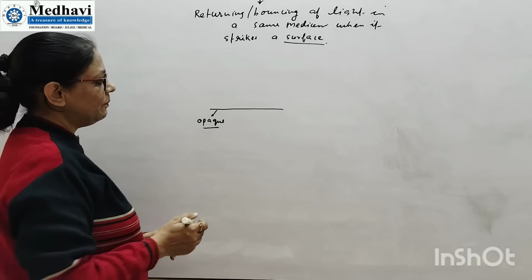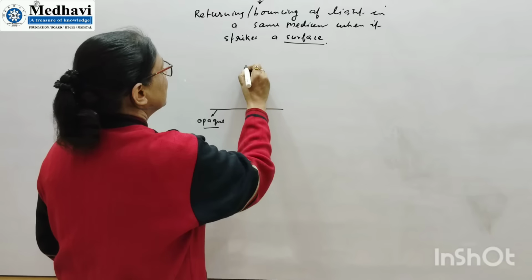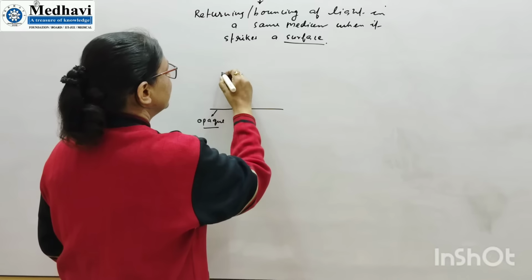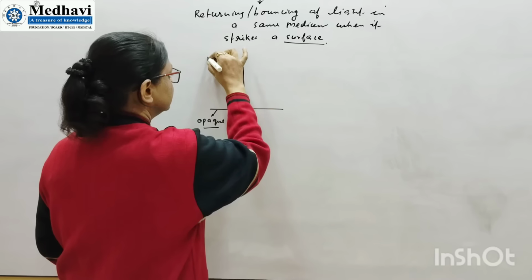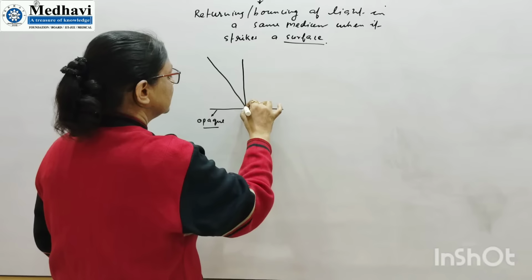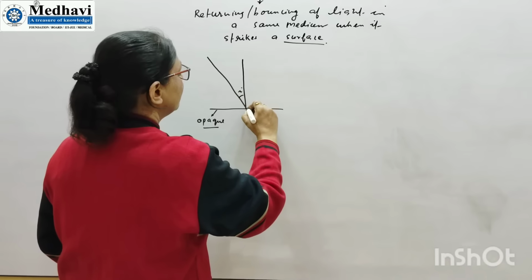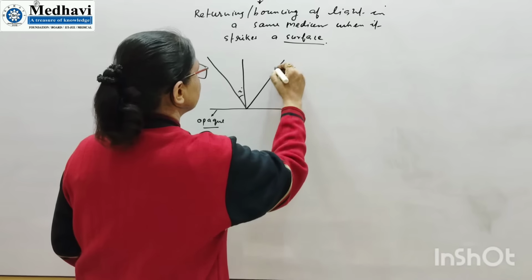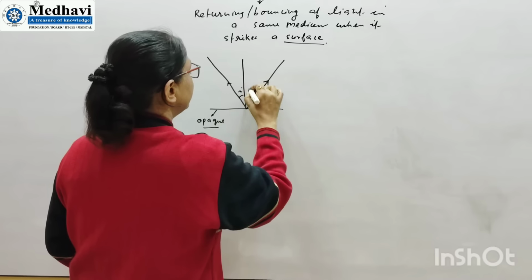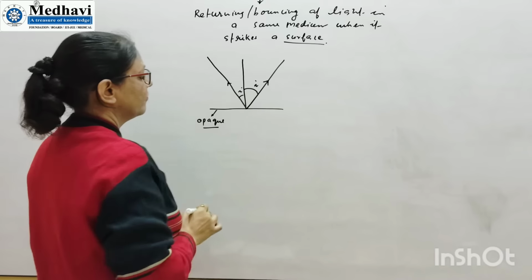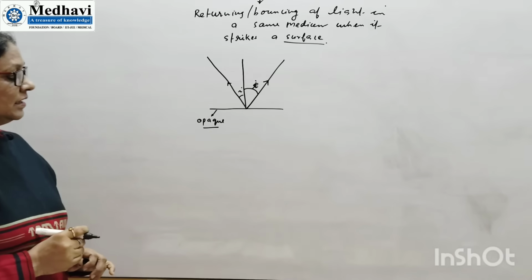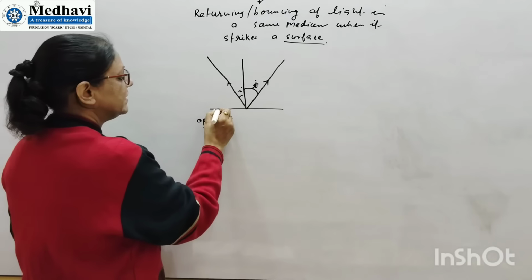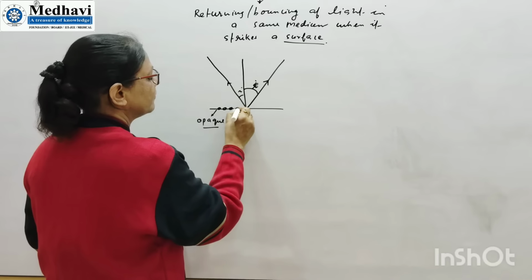So if light passes through a transparent medium, then some part of light will bounce back in the same medium, and the remaining part of the light is absorbed by the surface.